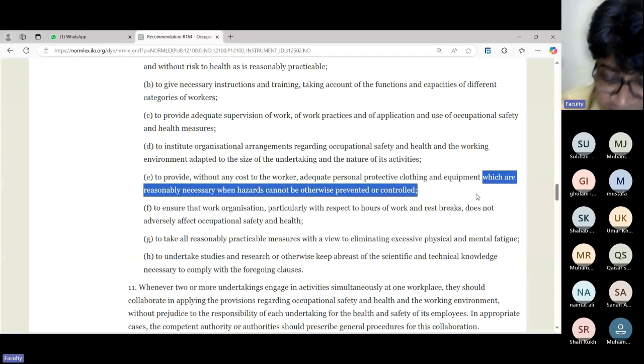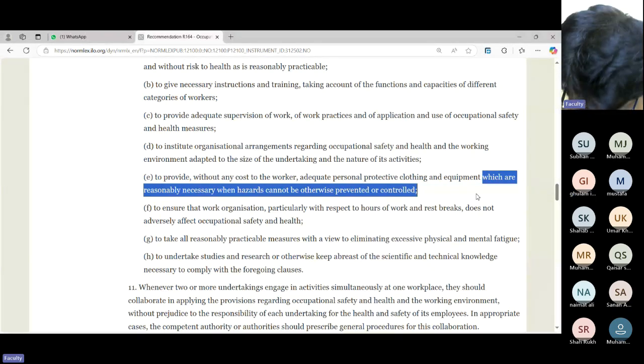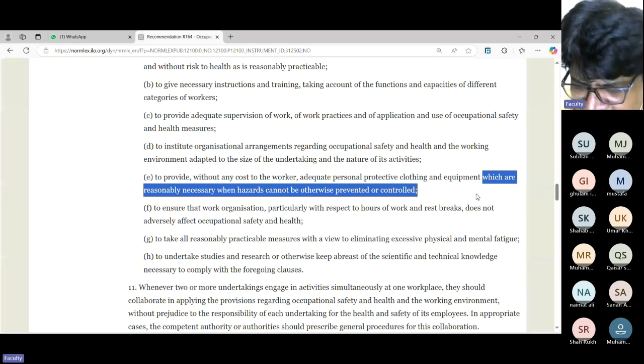Which are reasonably necessary means, suppose a person is going into a toxic atmosphere. Let us say one worker is exposed to a toxic atmosphere. For him, you have to provide toxic related respiratory protective equipment like a SCABA or some kind of gas protective, depending upon the type of toxicity.